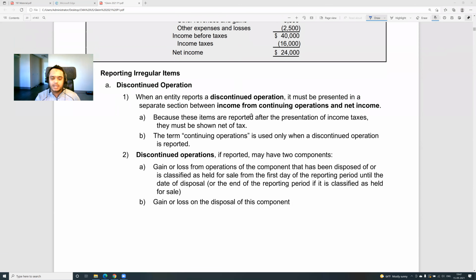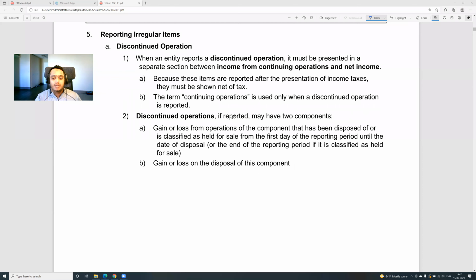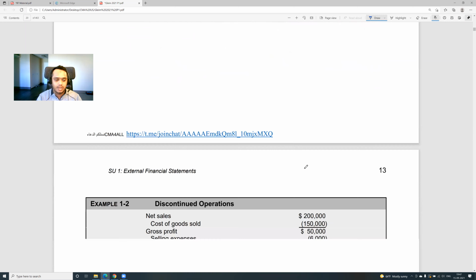Because these items are reported after presentation of income taxes, this must be shown net of taxes. The term continuing operation is used only when a discontinued operation is reported. If reported, it may have two components: gain or loss from operations, and gain or loss on disposal of this component will be there in here. All right.